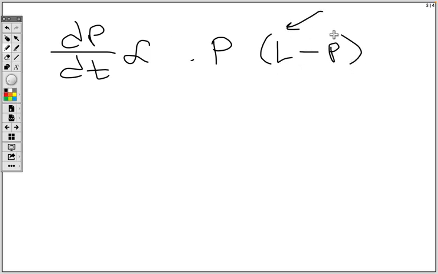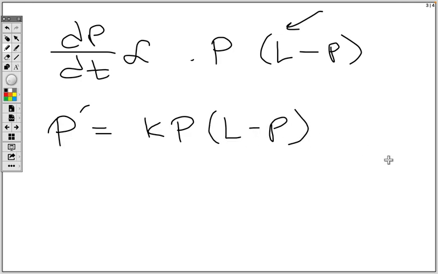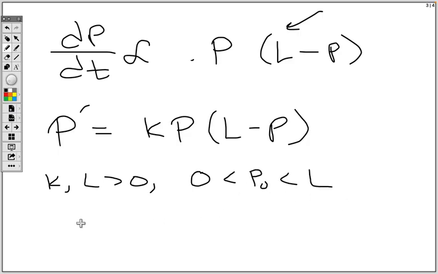So the L was that limiting amount. And so that gave us the diffy q, p prime equals k p times L minus p. And then we made these assumptions. We assumed that k and L were bigger than 0, and that the initial amount p was always between 0 and L.